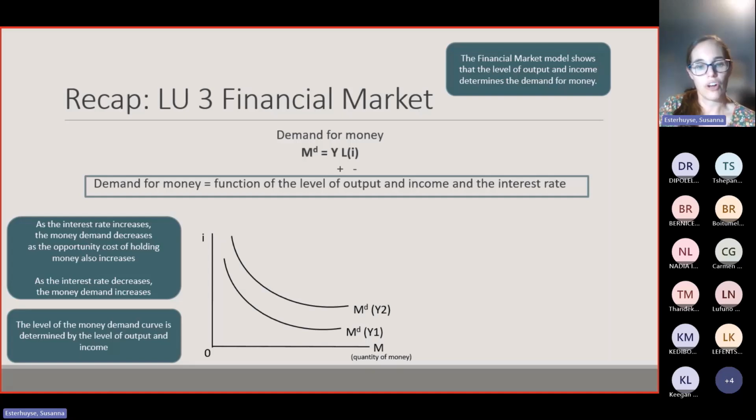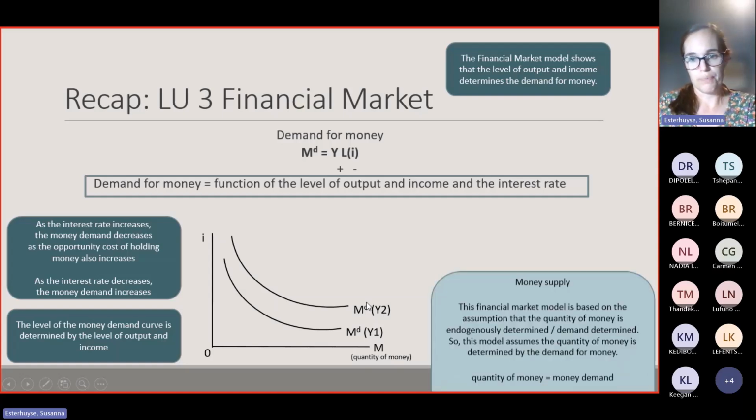Then the level of the money demand curve, we learned, is determined by the level of output and income. So on this line, your demand for money is impacted by the change in the interest rate for all the same levels of output and income, and this is at a higher level of output and income.